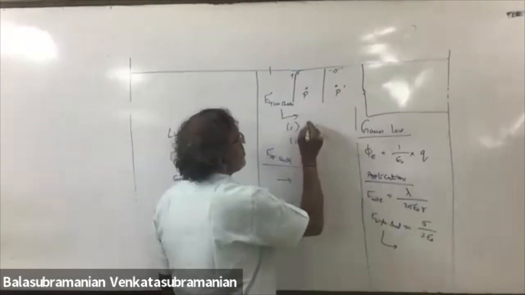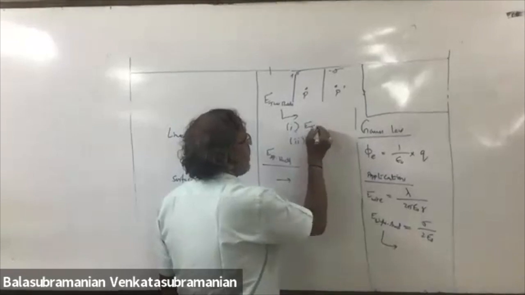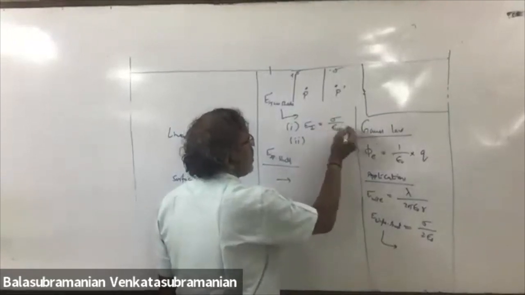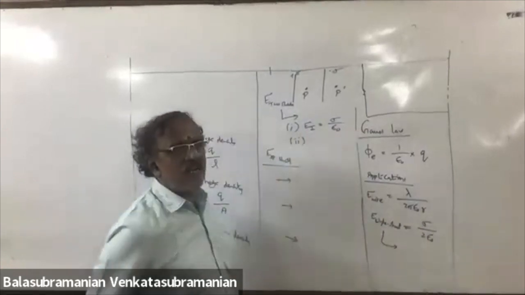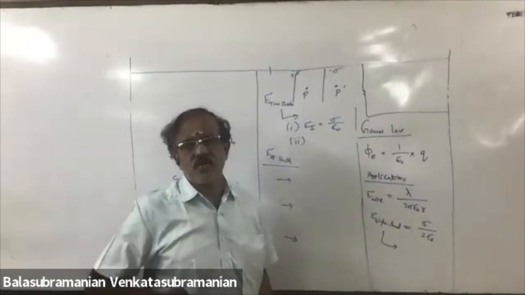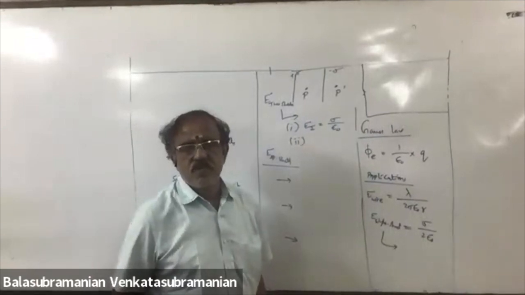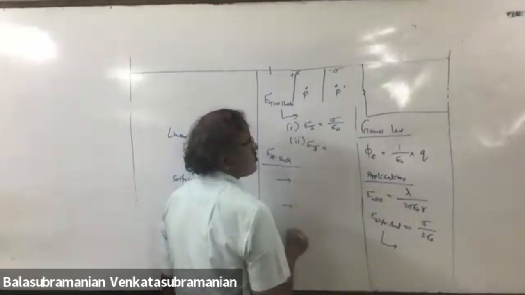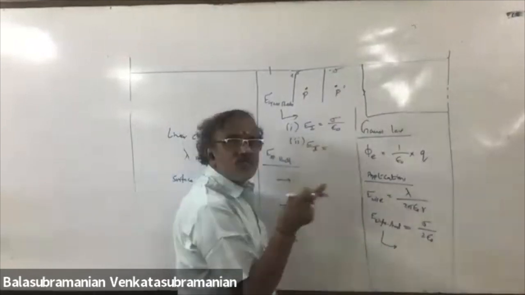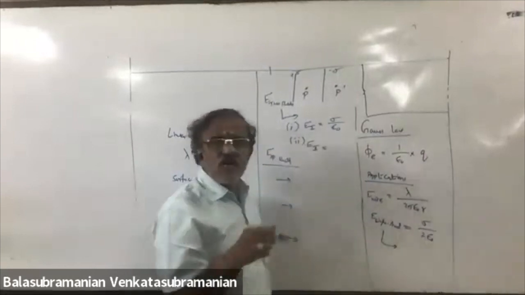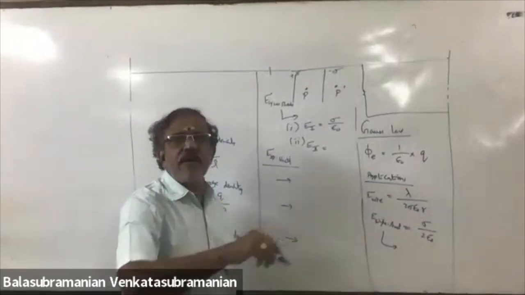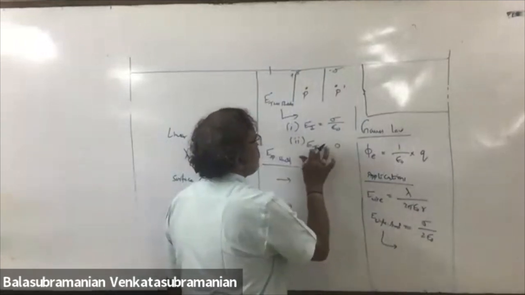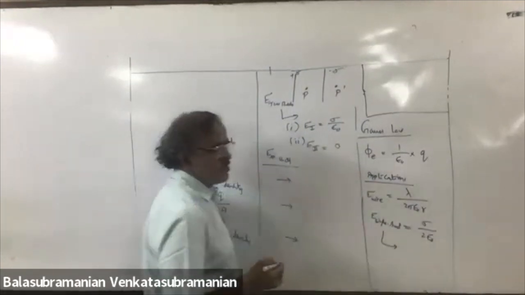In between means the electric field inside: sigma by 2 epsilon naught plus sigma by 2 epsilon naught, that is sigma by epsilon naught. Whereas for two sheets, a point lying outside, sigma by 2 epsilon naught minus sigma by 2 epsilon naught you will get. So the answer is 0.